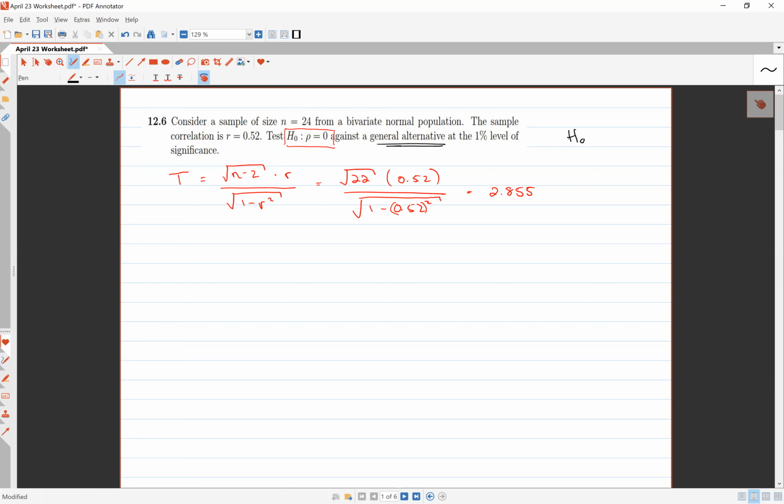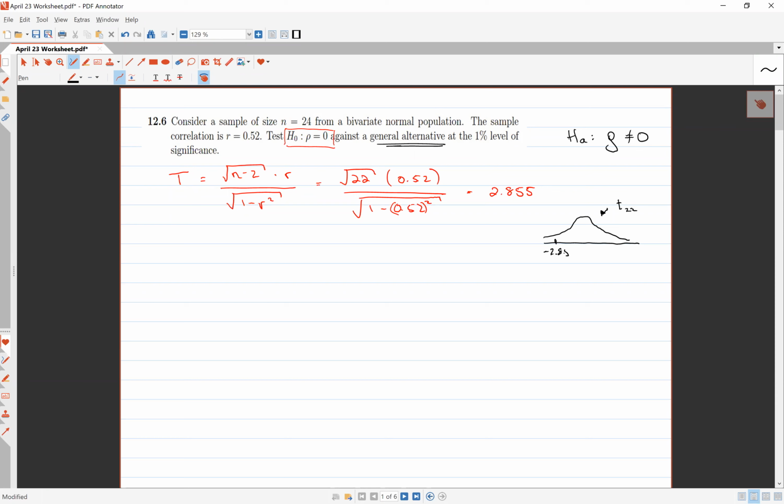So our alternative hypothesis says correlation is not equal to 0. So we need to do a two-sided test. We're using notation T for the statistic because it follows a T distribution with n minus 2 degrees of freedom. So we're referencing a T22 distribution.